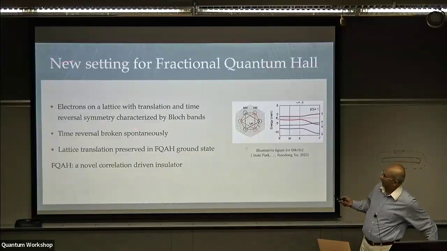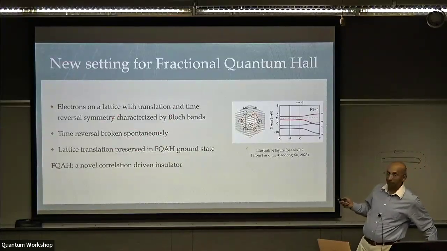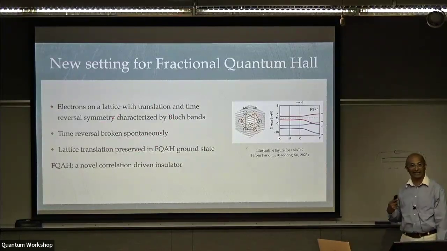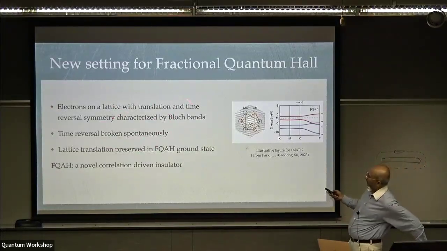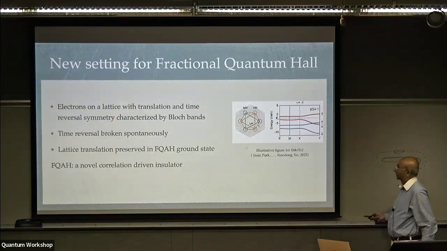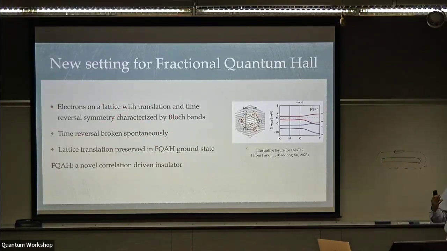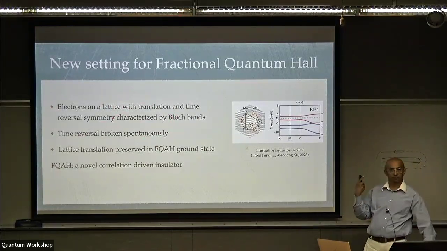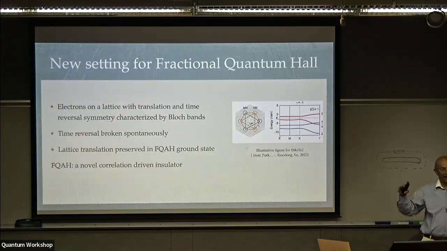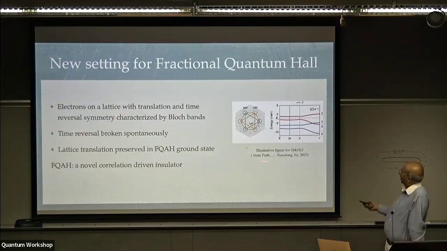You have electrons on a lattice with good microscopic symmetries, lattice translation symmetry, and time reversal. And given the lattice translation symmetry, there is a band structure for the electrons, which underlies the whole subject. Unlike in the strong magnetic field context, now there's a band structure you start with. For instance, plots like this for the electronic bands in MoTe2.